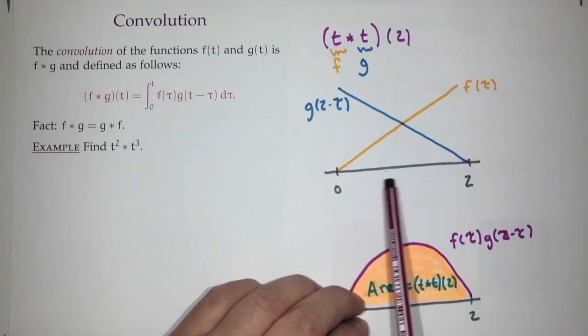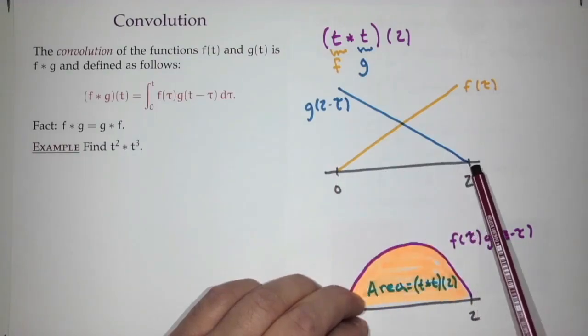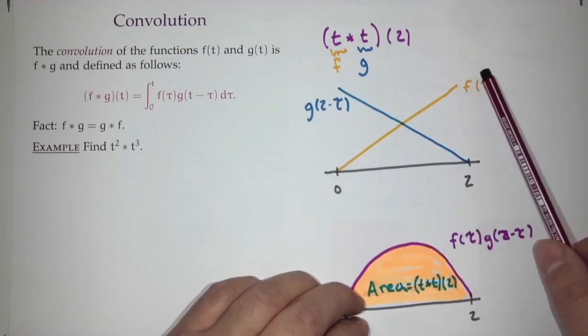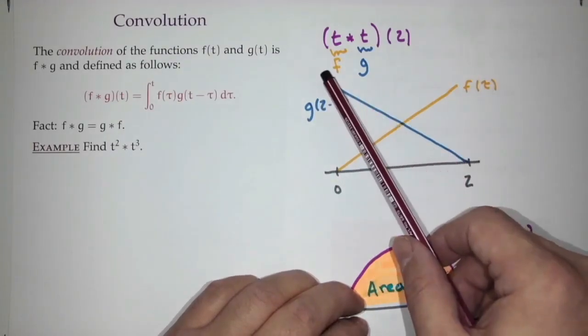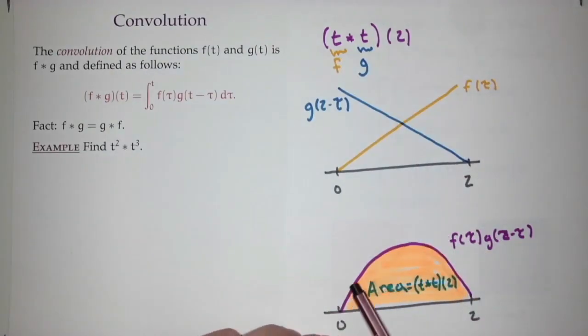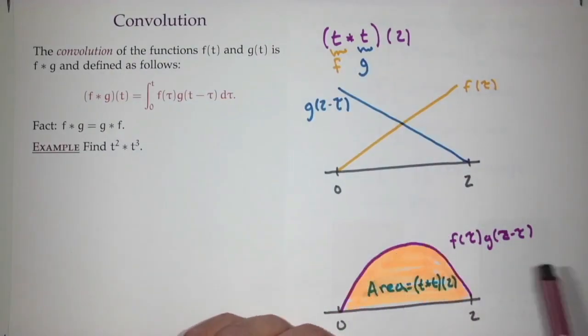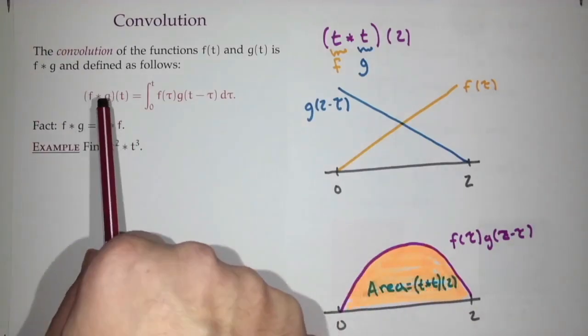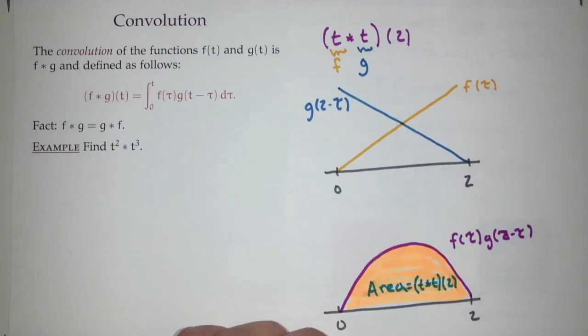So if I'm looking at 2, I would shift to 2 and run backwards. One part runs forward, the other is shifted running backwards. Then you multiply them, so you get a curve, f of tau g of t minus tau. And now you look at the area underneath that curve, and that area is f star g of t.